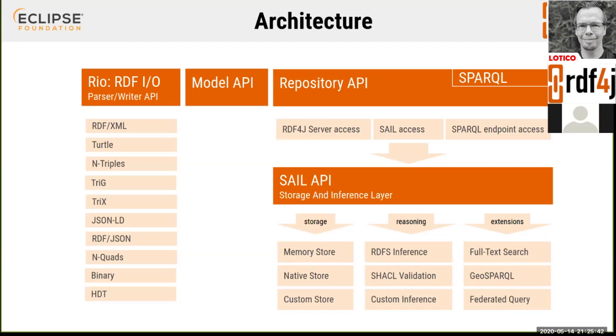For example, full text search using a Lucene API or Elasticsearch. There is, and I have to be careful here because Marco is on board, there is some GeoSPARQL support. I won't claim it's anywhere near complete, but there is some support for geospatial querying in the framework, and that lives at that Sail level. And then last but not least, there is this notion of federated query, which I will show a couple of examples of later on in this talk as well.